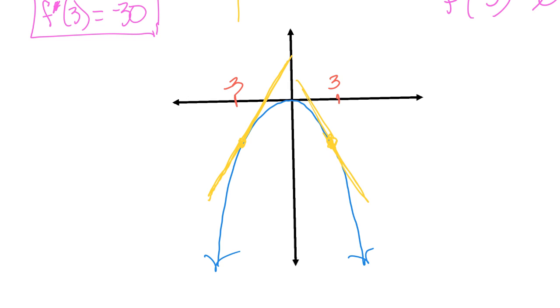Absolutely, because this graph is symmetrical over the y-axis. So this slope at negative 3 is a positive 30. It's a positive slope because it's angling up. And this is negative 30. Again, it should make sense because it is symmetrical about the y-axis.